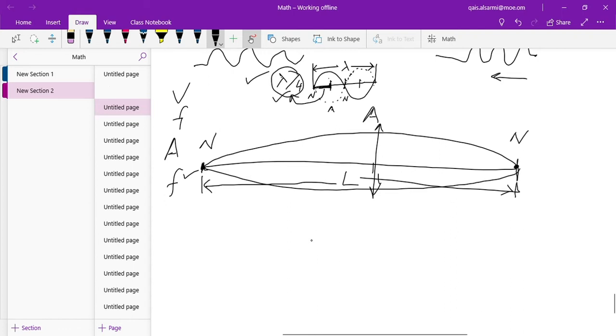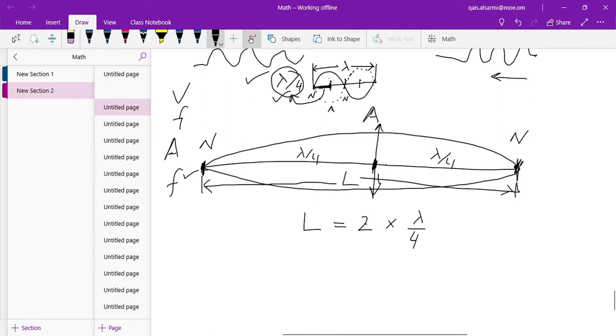So the relation between the length of the string and the wavelength is L equals 2 times lambda over 4. Why 2 times lambda over 4? Because you can see from node till antinode, this part is lambda over 4, and from antinode till this node, it's again lambda over 4.